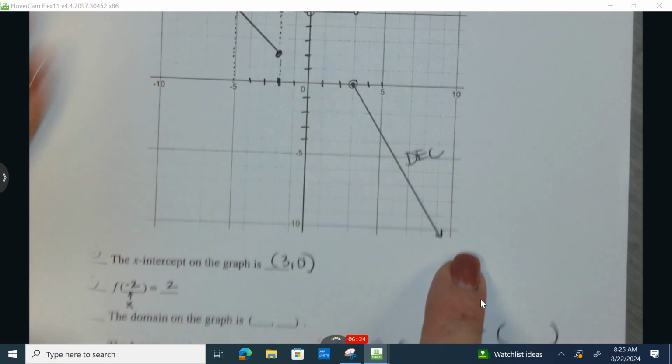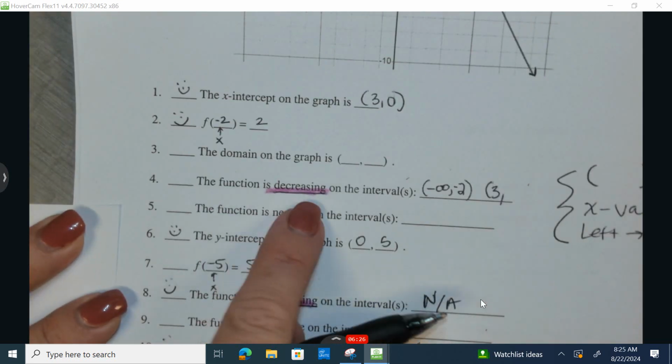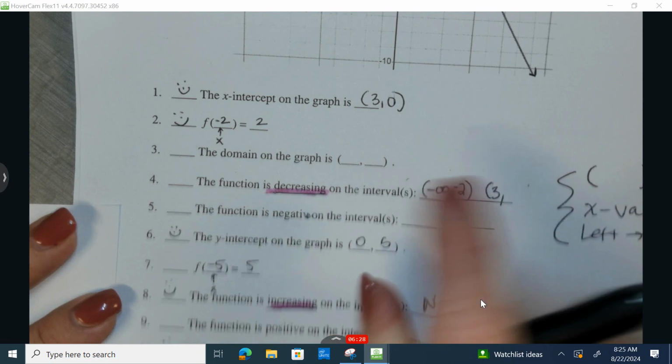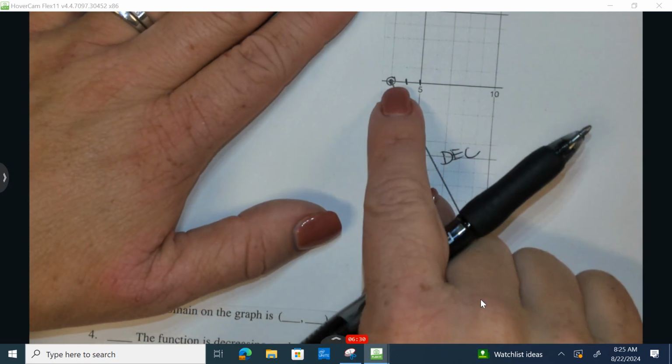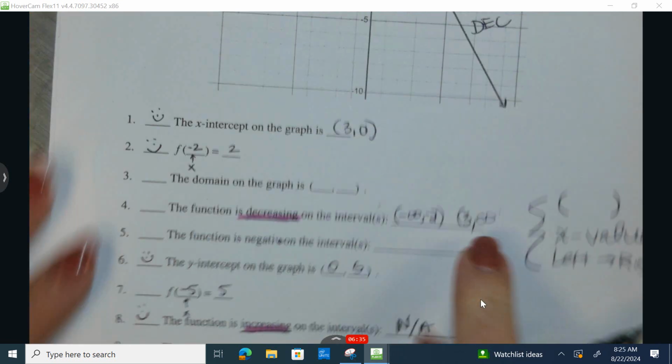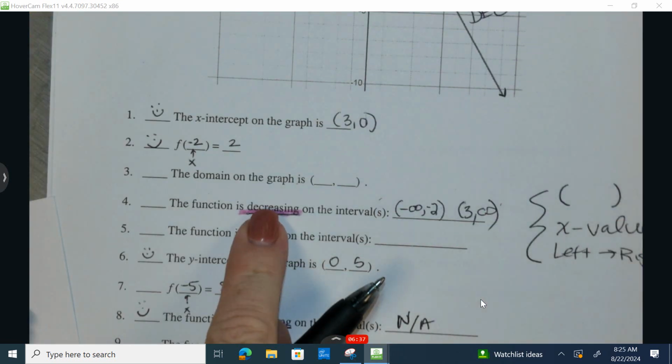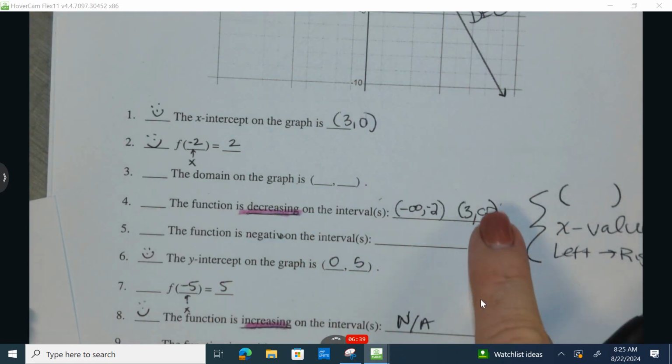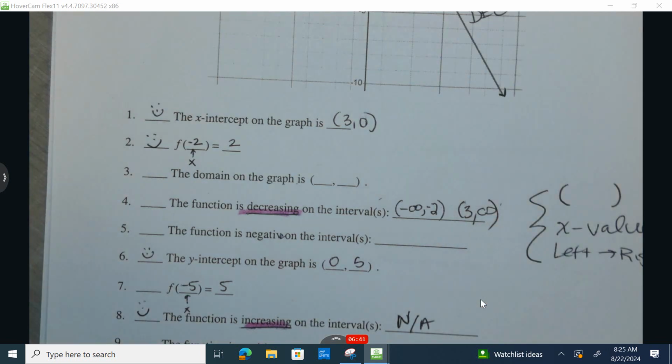I'm already identifying it as going down from left to right. As it moves to the right, it is going down. It's a really common mistake for students to want to put a negative infinity here. Okay, we've got those done.